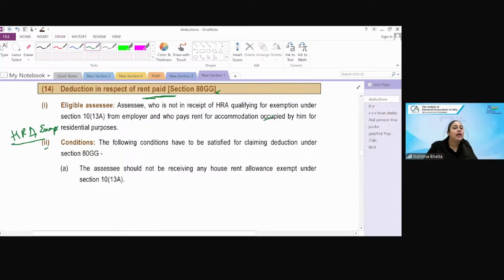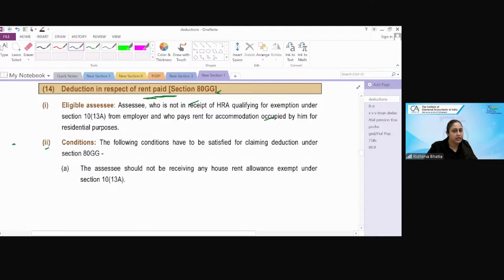Number one. Or I can be an employee, but HRA exemption is not allowed to me, then I can claim 80GG. Along with that, the assessee, spouse, or any minor child should not own any house in the place for whose accommodation you are paying the rent.